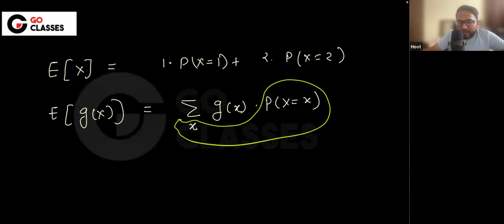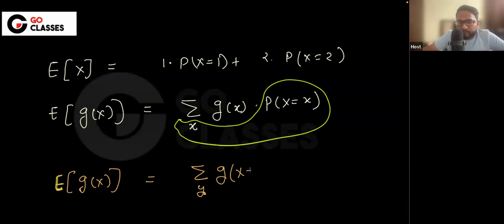Suppose I ask you to find the expectation of the same quantity g(x), but this time with respect to some other random variable, some other probability distribution, which is g(y). So this will be p of x being y.